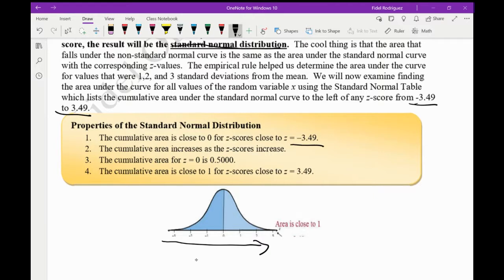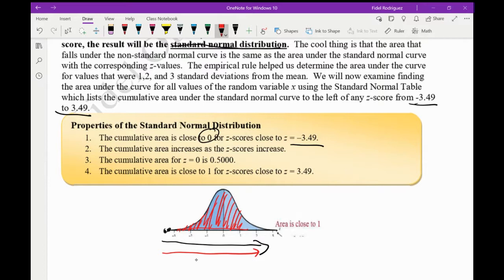So if you're over here at negative 3.49, there's negative 1, negative 2, negative 3, if you're all the way over here, the area underneath that curve is really close to 0. And as we move from the left to the right, that area is getting bigger and bigger because we're finding the area all the way.